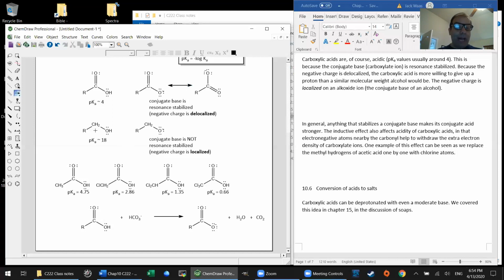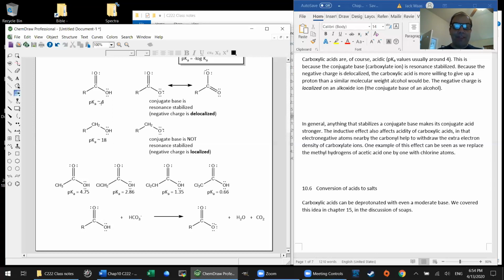Compare that to alcohols. A typical primary alcohol might have a pKa of about 17 or 18, somewhere in there. And remember with the pKa scale, thanks to that logarithm, every notch that you go on the pKa scale is a factor of 10. It's an order of magnitude. And so you could have a 14 order of magnitude difference in acidity here.